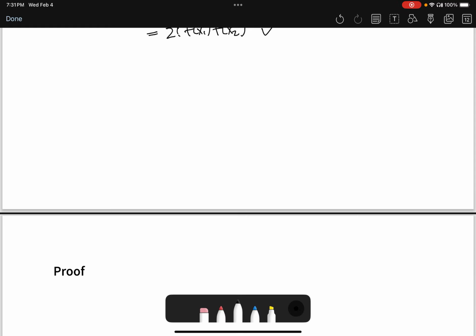So to do this by induction, we're going to assume true for n equal to k minus 1. And then we're going to show for n equal to k. All right.